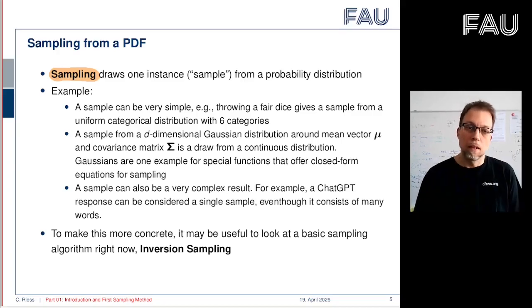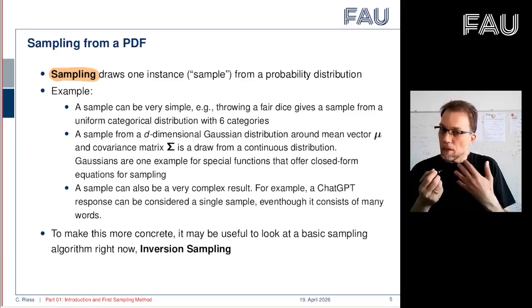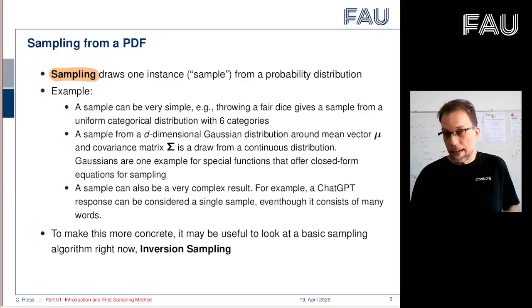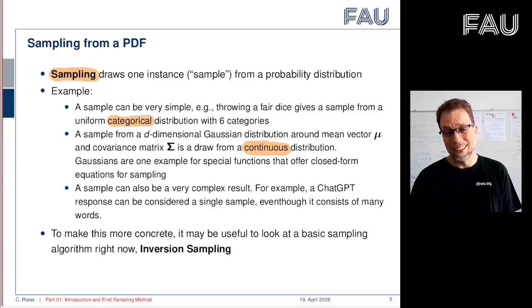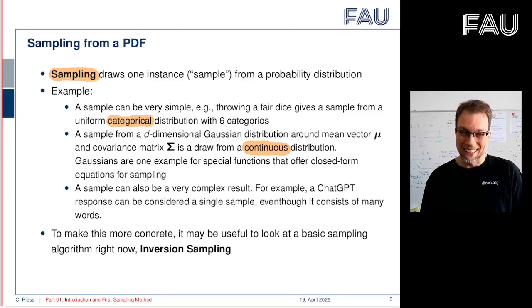Okay, simple. A sample from a d-dimensional Gaussian distribution around some mean vector mu using some covariance matrix sigma is also fairly simple, but more complex than throwing dice. The main difference to throwing dice, apart from the dimensionality, is that this is a continuous distribution, and the dice were a categorical distribution.